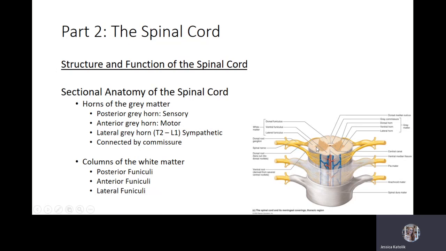Note that the lateral gray horn isn't always going to be present. It's just present between T2 and L1. So this pattern is not consistent as we travel through different segments of the spinal cord. This butterfly shape will change depending on what nerves are coming in and out of the spinal cord.